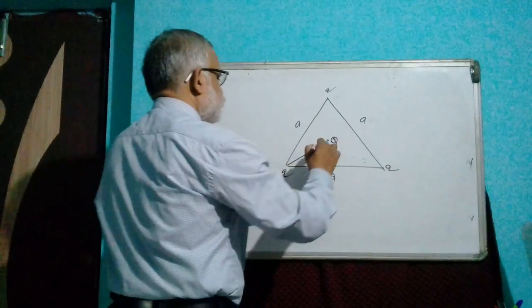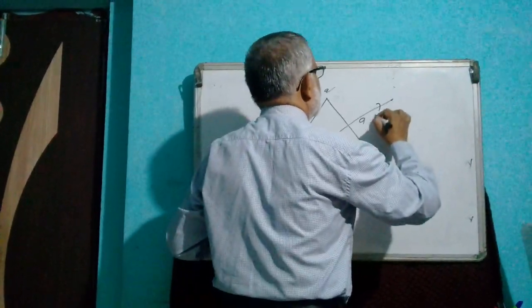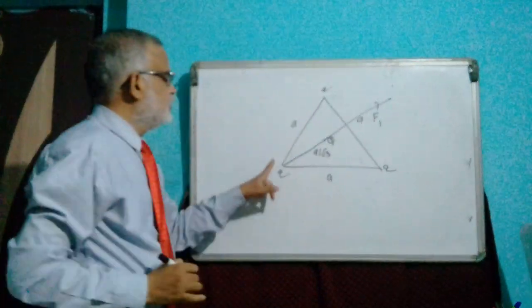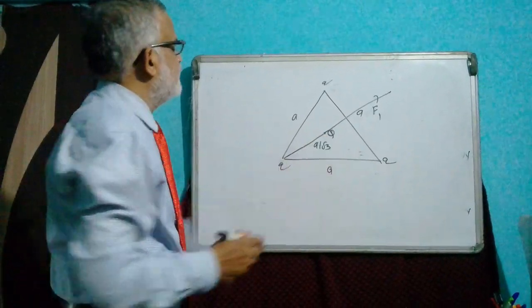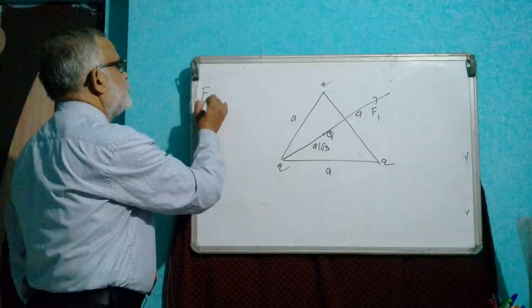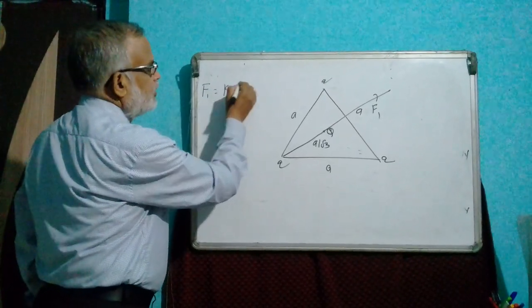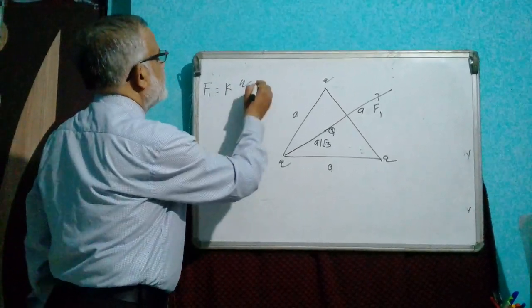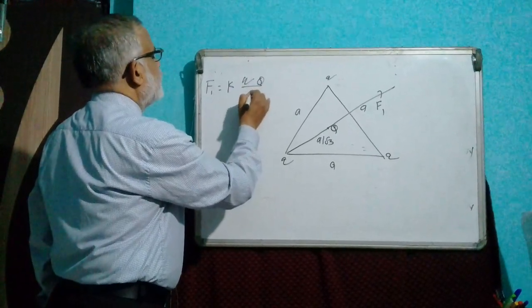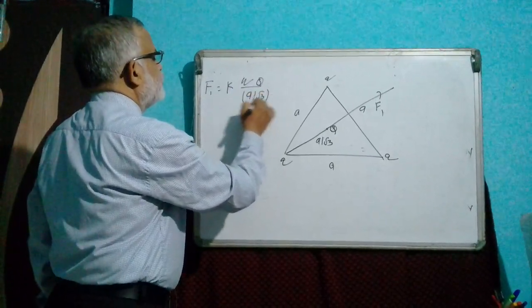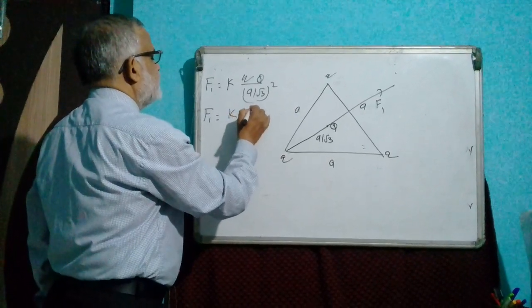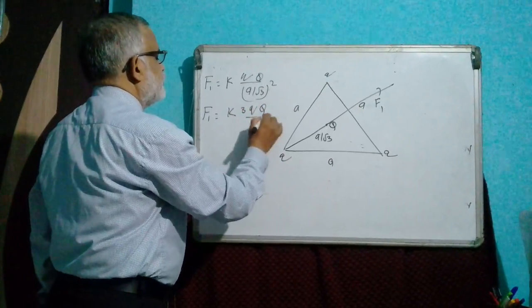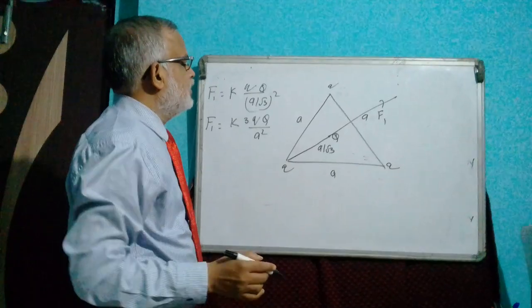We find the force F1, the electrostatic force acting by this charge on capital Q. F1 equals K Qq upon (A by root 3) square, F1 equals K 3Qq upon A square.